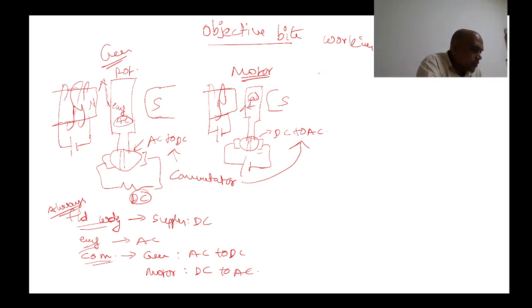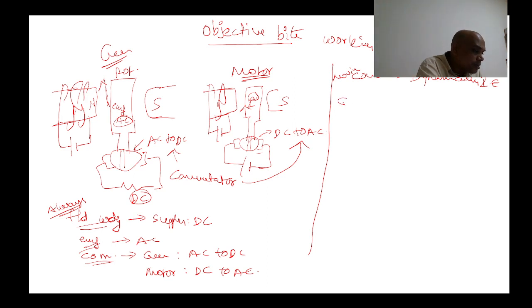So coming to which type of EMF is induced in a generator? Dynamically induced EMF. Why? Because the conductor is moving, it is rotating. EMF induced in a moving conductor is called dynamically induced EMF.